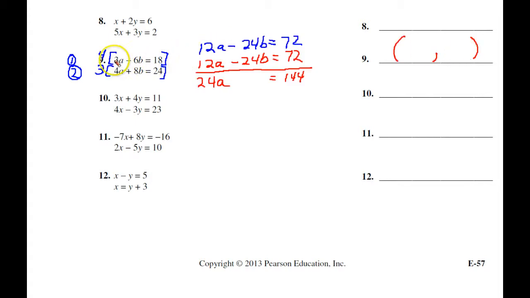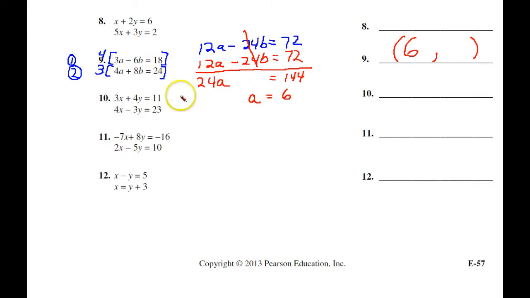Well, when I did the multiplication carefully here, I ended up with these now canceling out, and I get 24a equals that. So a equals 6. So there's my first coordinate, and since it's an AB variable, it's alphabetical.